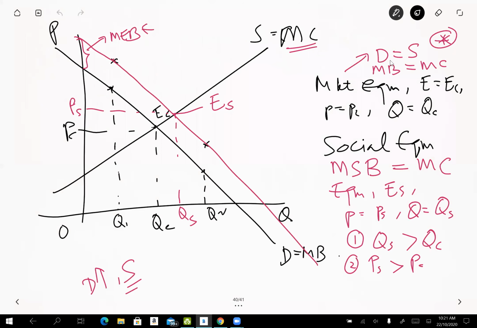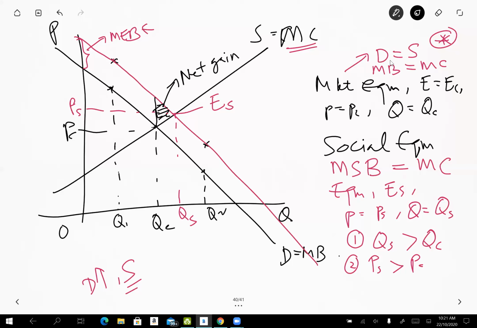This area here is called the net gain due to the external benefit. All right, the net gain to the society due to the external benefit.